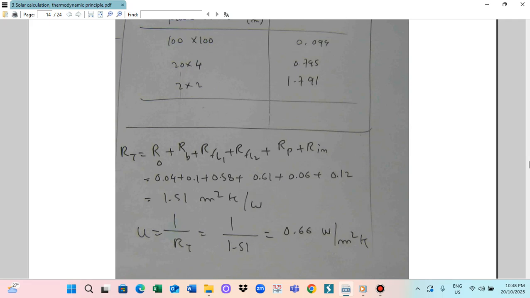Brick resistance can be calculated with this formula: T brick divided by K brick.